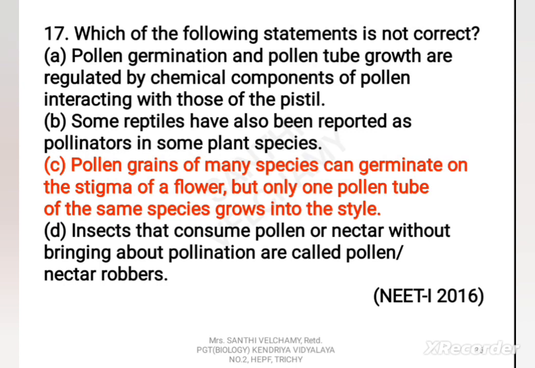The pollen belonging to the same species would germinate while the others will fail to do so. The pollen tube of the compatible pollen will grow through the style and reach the ovule, whereas the growth of incompatible pollen will be arrested at the stigmatic surface or sometimes in the beginning part of the style itself. Now the next question.